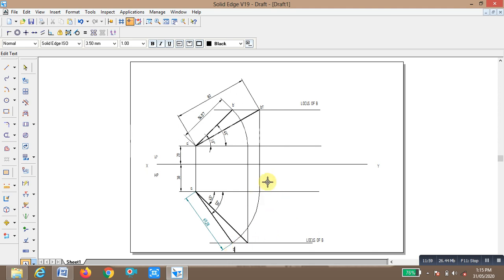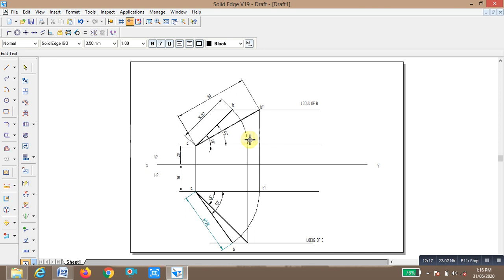So here A dash, B dash. At this point it is B1, and at this point it is B2 dash. At this point we name it B2.